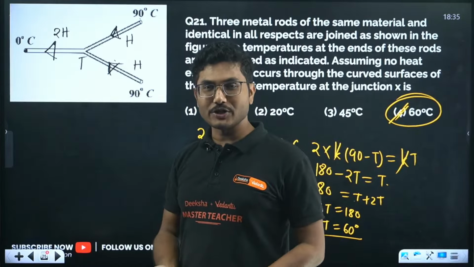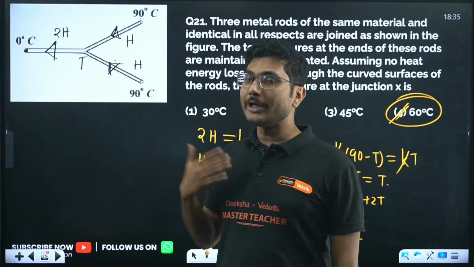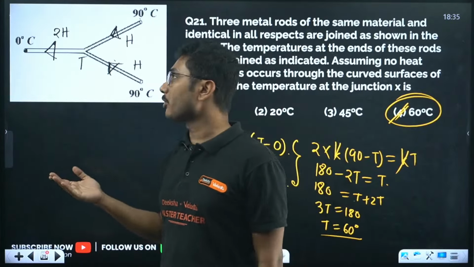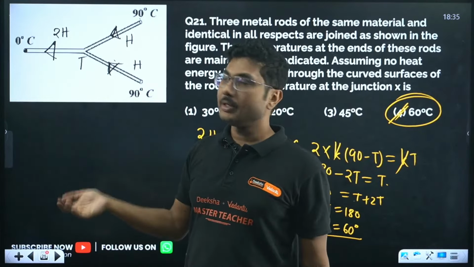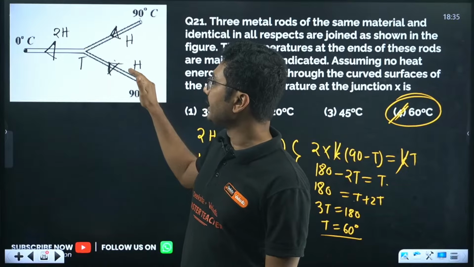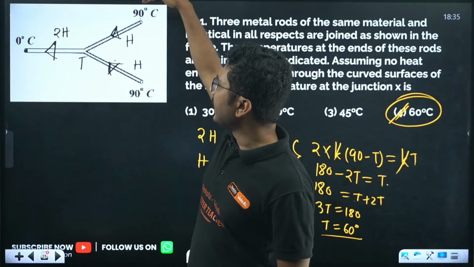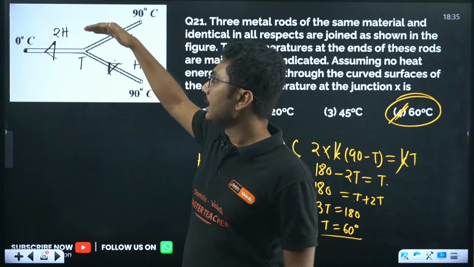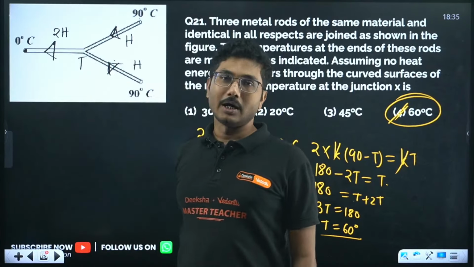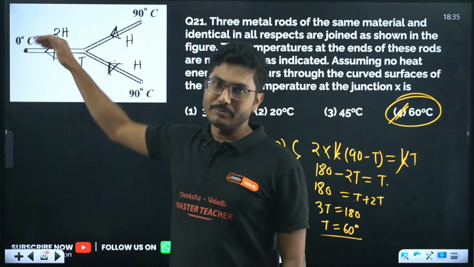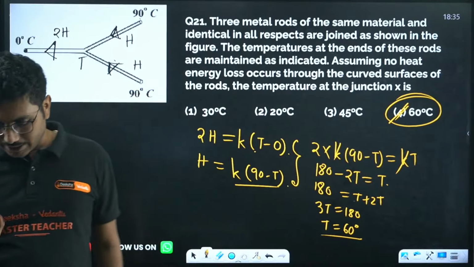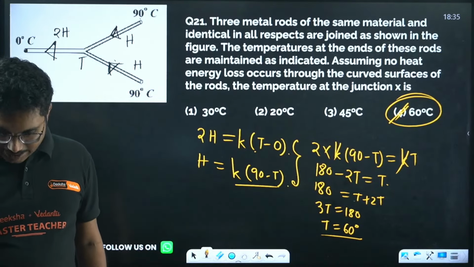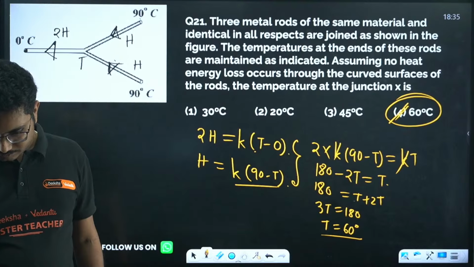That has to be the addition of these two heats, because no heat is radiated or lost in the process, so energy is conserved. If H amount of heat energy is coming from this rod and H amount of heat is coming from this rod, then 2H has to pass through this rod. Yes, Addy, correct.